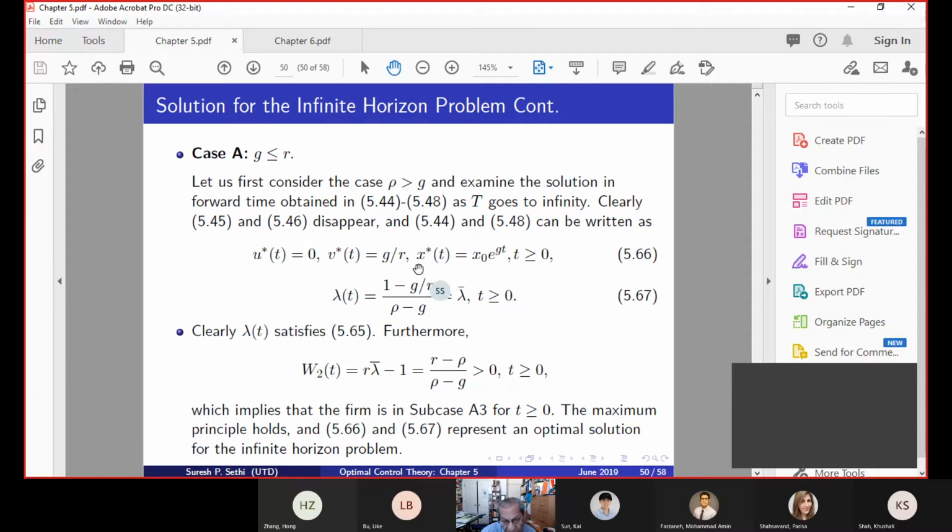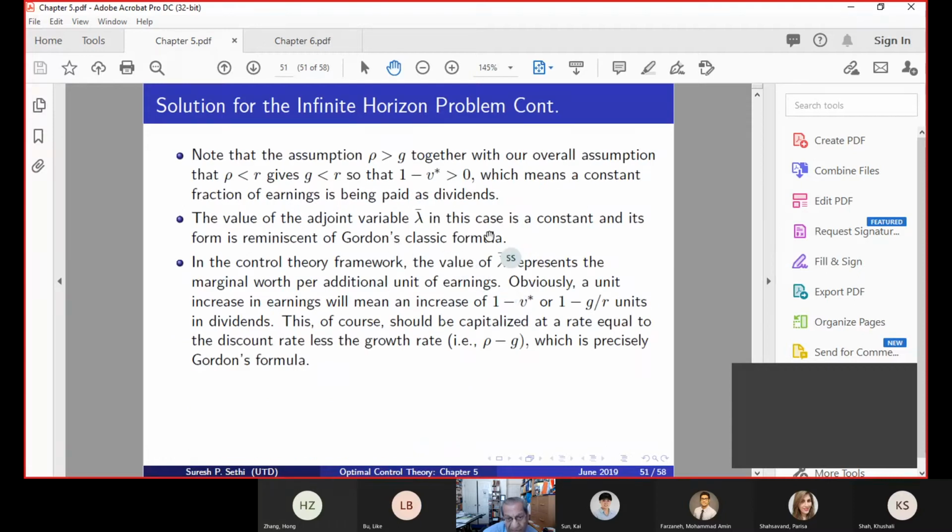So if you have a geometric series that's growing at g and discounted by rho, then the present value of such a growing stream is given by that divided by rho minus g. You can sum the geometric series and you get this. This is what is called Gordon's formula in finance.